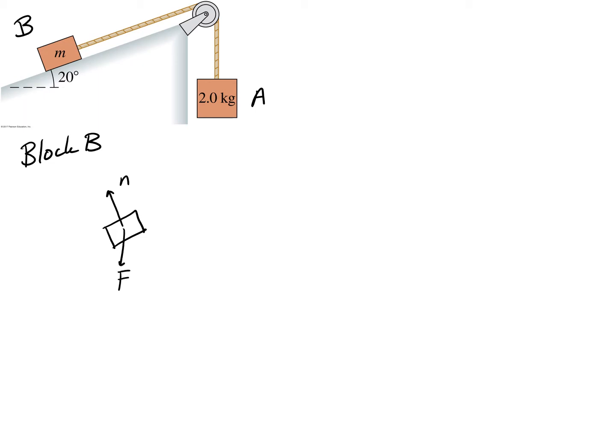I'm going to have the force due to gravity for block B, and I'm going to have some tension. I have a frictionless surface, so I don't need to worry about friction in any way, shape, or form. We'll come back to the coordinate system in a second.